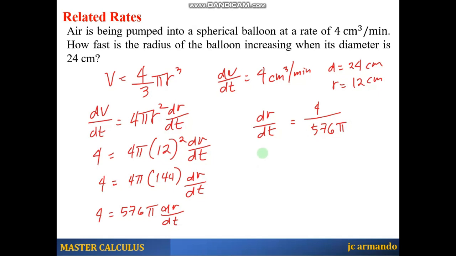Okay? Anong unit natin dyan? Centimeters per minute. Simplify pa natin. Pwede pa naman. Decimal na lang. So, we have 4 divided by 576 pi, I'm using my calculator.